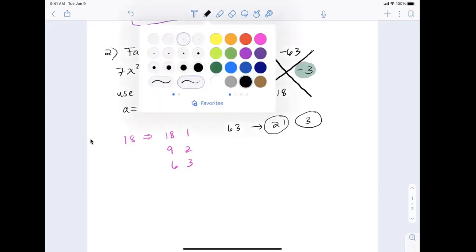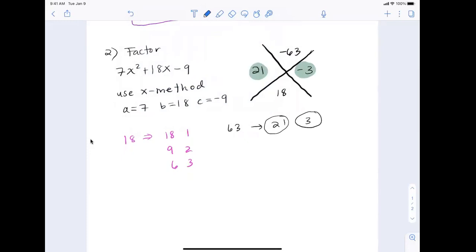You're going to have to use the extended method, 7x squared plus 21x minus 3x minus 9. So you're replacing 18 by your bingo numbers because A is not equal to 1. If A were to be 1, then this would become easy. Now, you do grouping again.